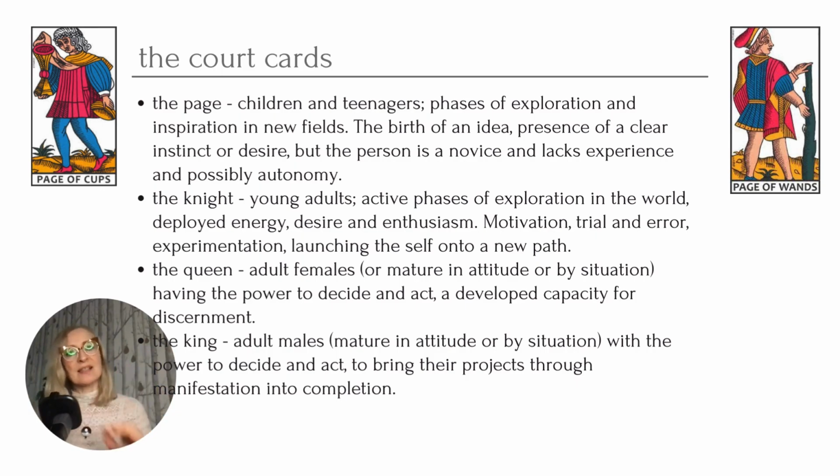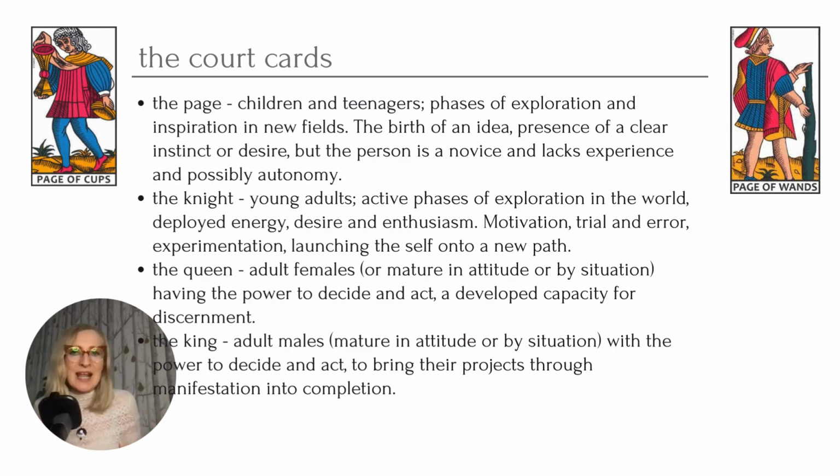So you're going to see this slide again. So I'm not necessarily going to read through it all. The important thing for us to focus on today is the page being the youngest. And so as we go up, the page is the youngest and the least experienced. The knight has more of an adolescent energy, and they are trying to go out and achieve in life.